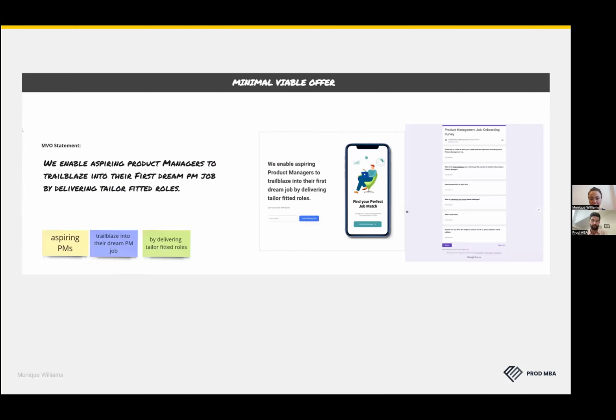We can then use that MVO to place on a landing page, including a call to action to sign up via email, and thereby creating a conversion funnel for us to track and for users to signal their interest and for us to see that we can actually deliver value.